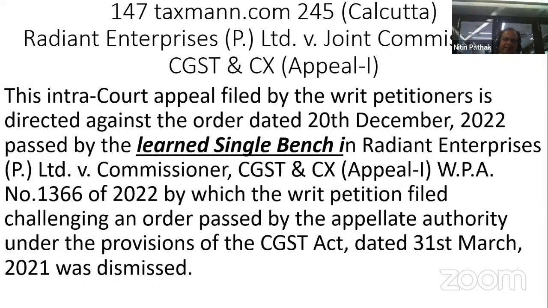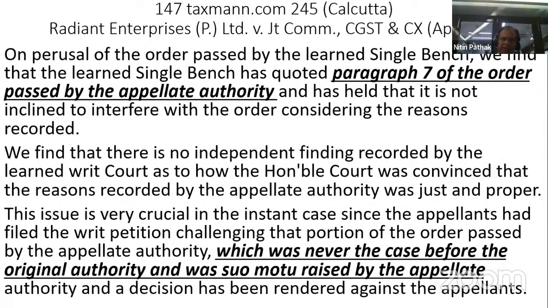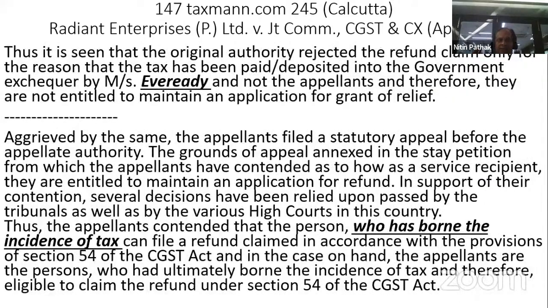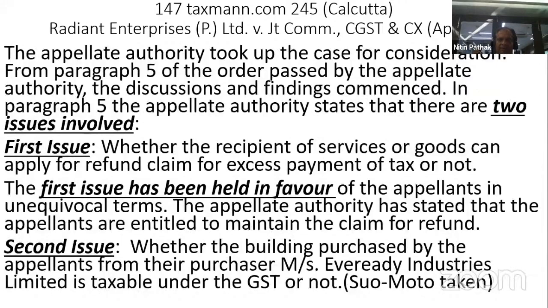Radiant Enterprise, this is already covered, because in this case suo moto was raised. What is the contention here? Once you file an appeal, you cannot be put at a disadvantage compared to what you were at the time of assessment. In the appellate, two issues are involved.